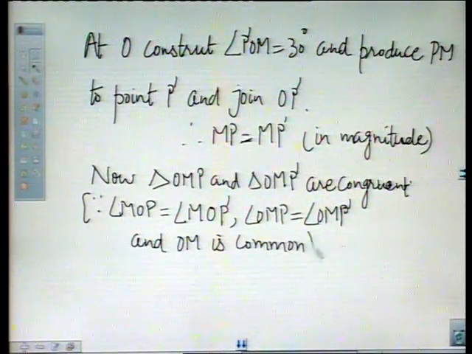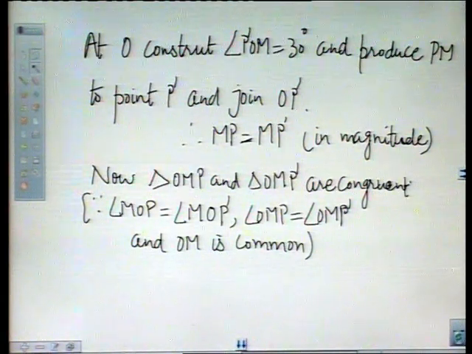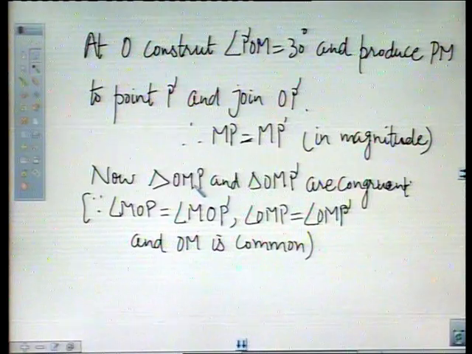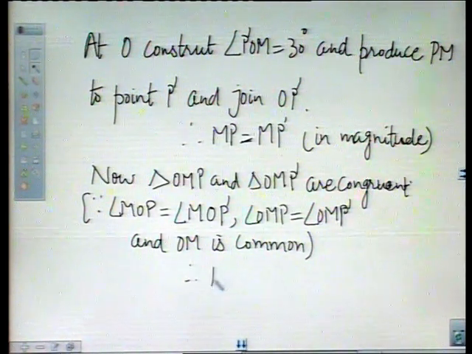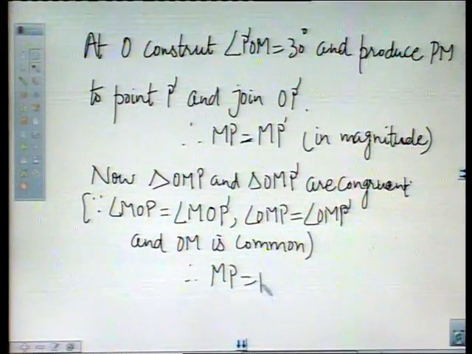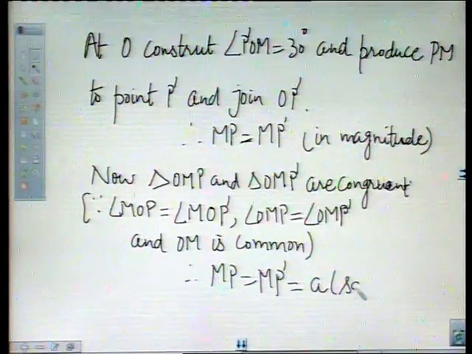We have two angles equal and one side common. It means the two triangles OMP and OMP dash are congruent. Therefore, MP is equal to MP dash, and let us write this as A.